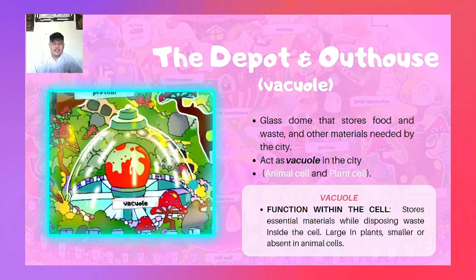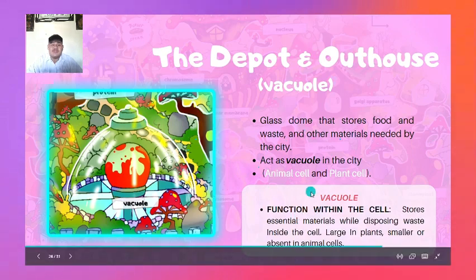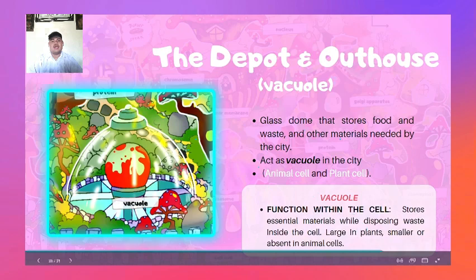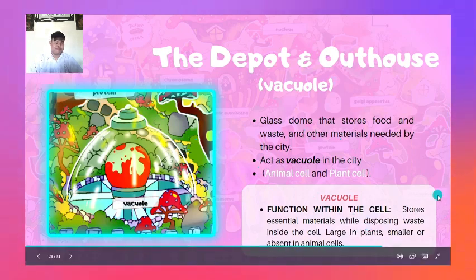The depot and the outhouse and the vacuole are related with each other because they both store essential materials while disposing waste inside the cell. The vacuole is large in plants while it is smaller or absent in animal cell.